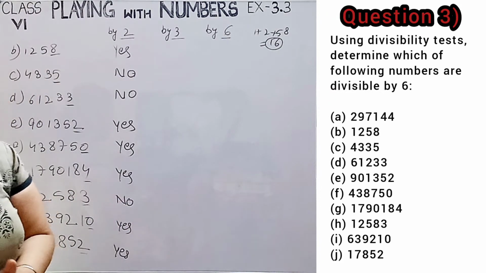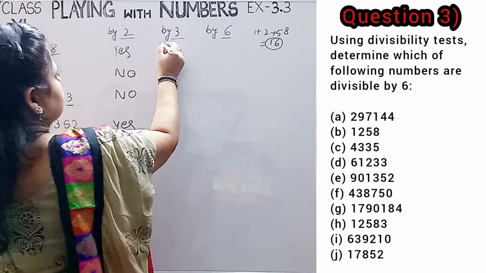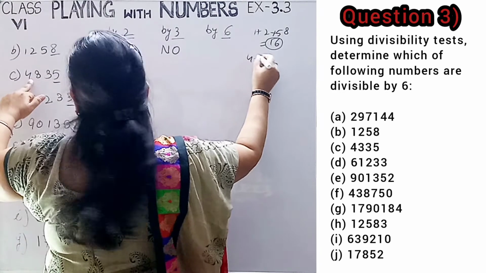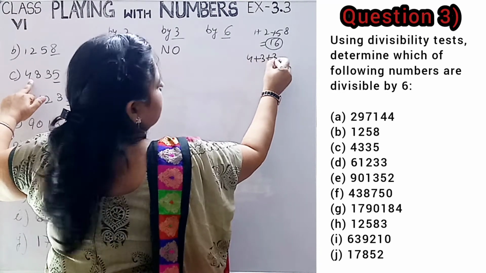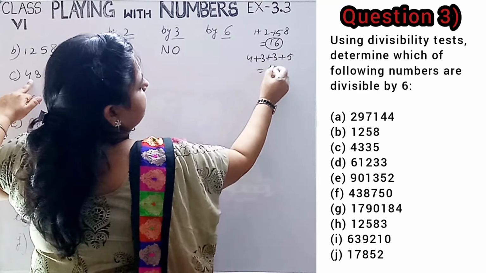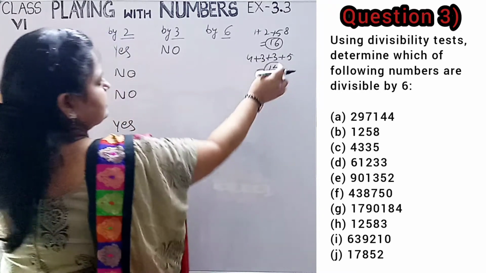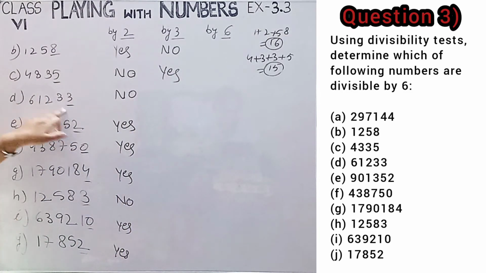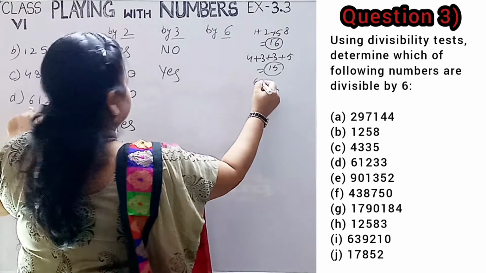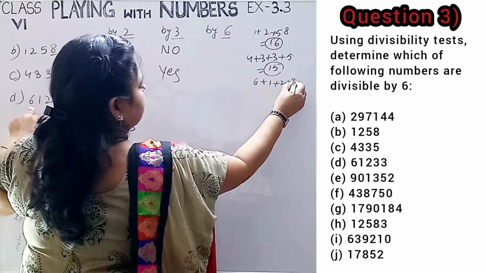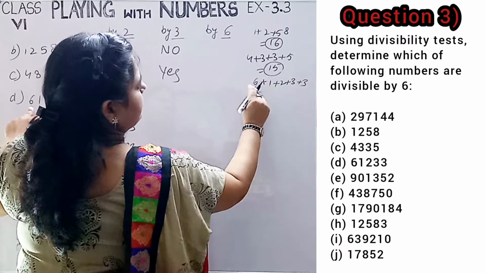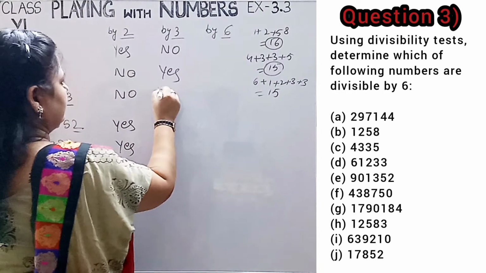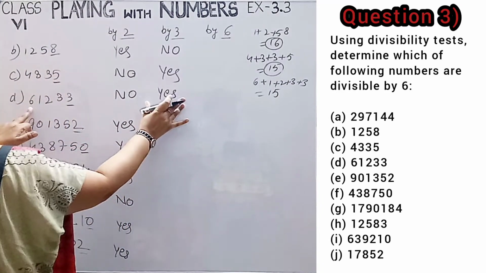So the answer is no. Next one is 4 plus 3 plus 3 plus 5. We get 15 here. So yes, this number is divisible by 3. Next one is 6, 1, 2, 3, 3. So 6 plus 1 plus 2 plus 3 plus 3, and we get here 15. Now 15 is a multiple of 3. So this number is divisible by 3.